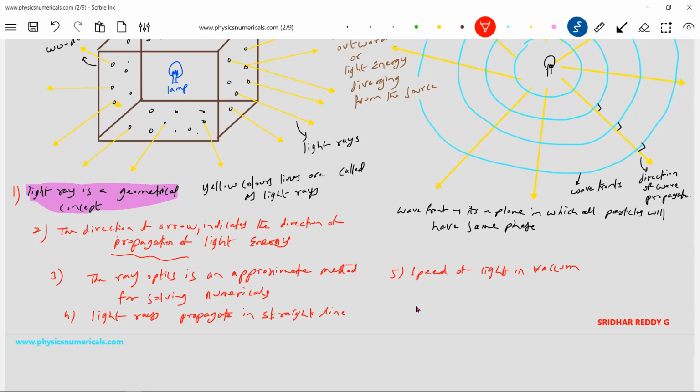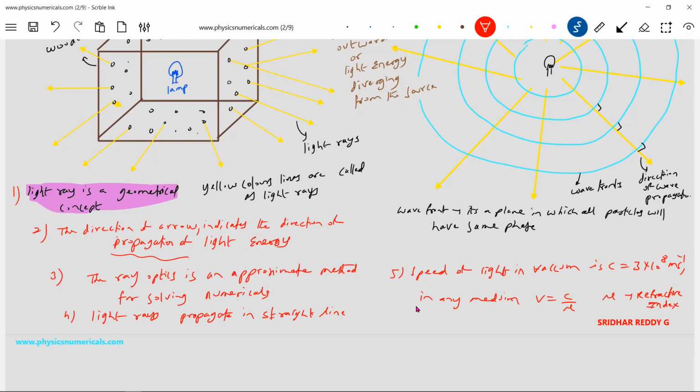And in any medium, where mu is called the refractive index of the medium. Later on we'll explore. This is just the beginning part; I was supposed to give all this approximation.